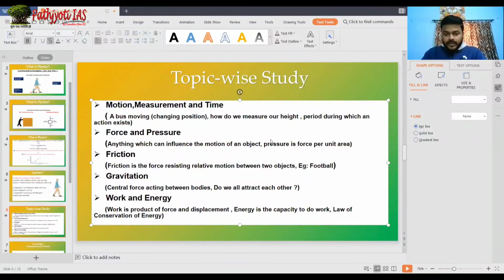But what about a teacher who moves around and teaches? Yeah, definitely. But see, Sejal, for example, if the teacher is teaching on one side of the board, then comes to this side of the board, then goes back to the first side, and then again comes back to this. The total displacement would still be zero.